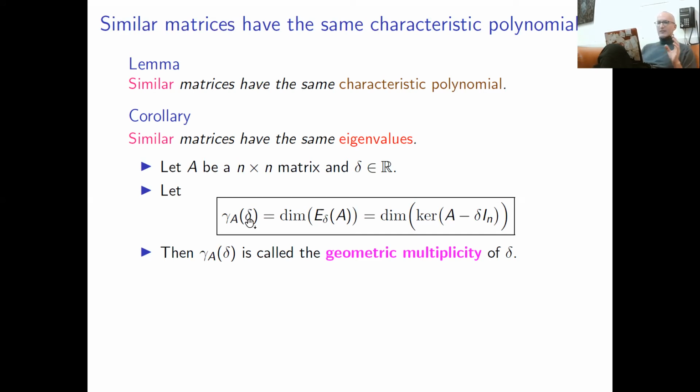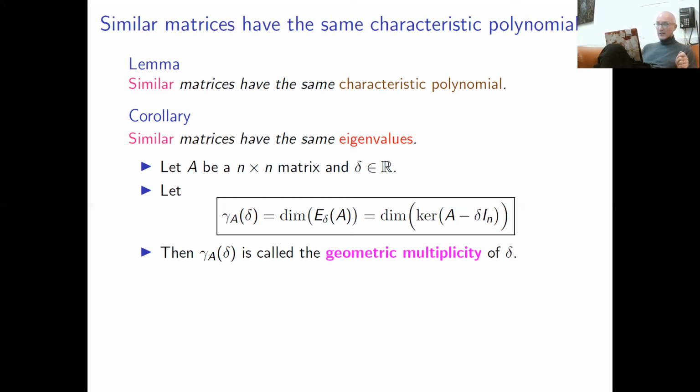This is not a common notation, so you don't need to remember it. What you have to remember is the definition: the geometric multiplicity of a number is the dimension of this kernel, the dimension of the delta eigenspace.